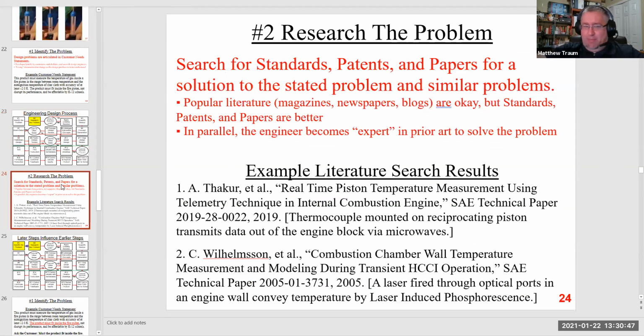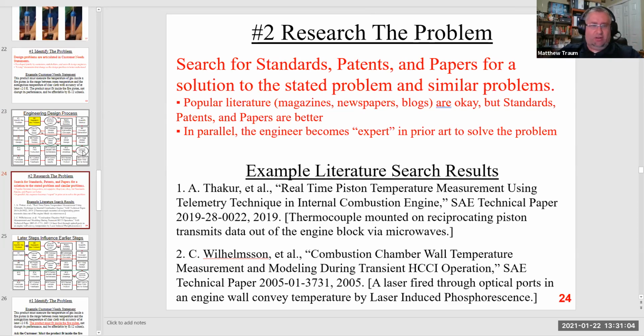But typically, if a customer has gone to the point of hiring a design firm and paying design engineers to produce a new product, chances are that product does not exist yet on the market. And so several things happen in parallel.